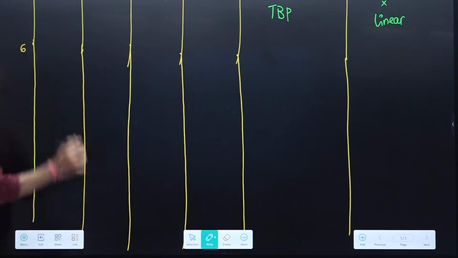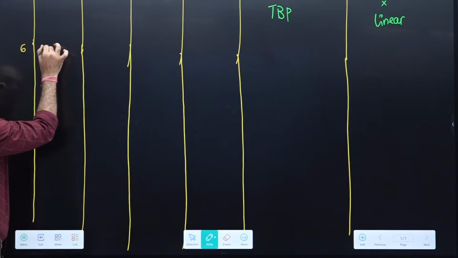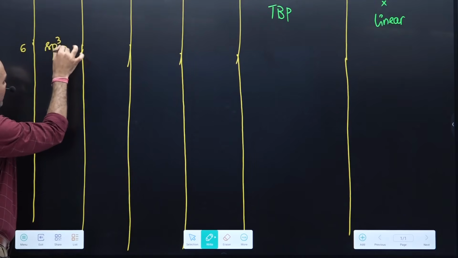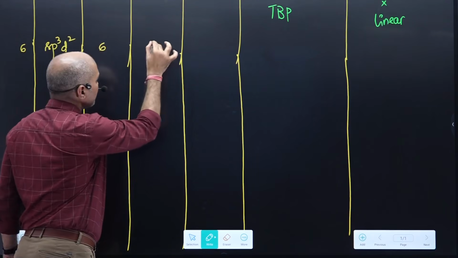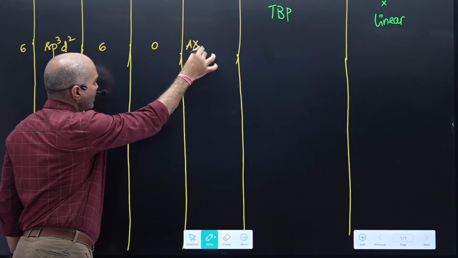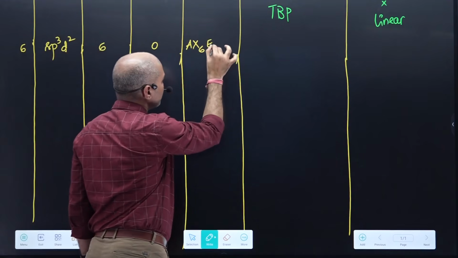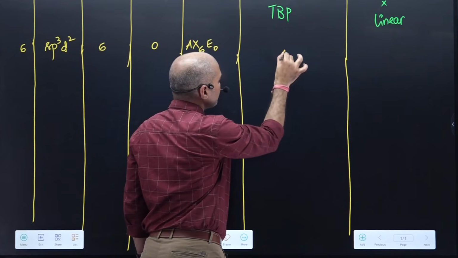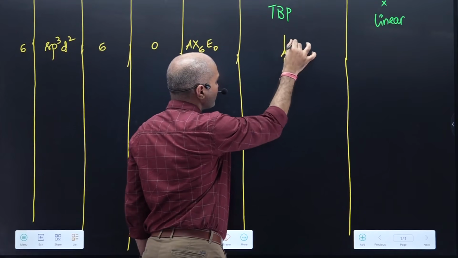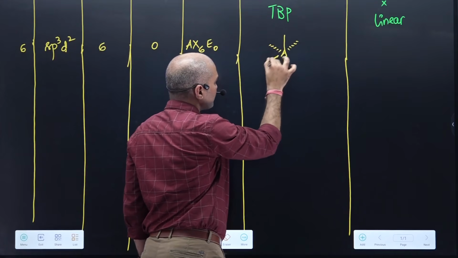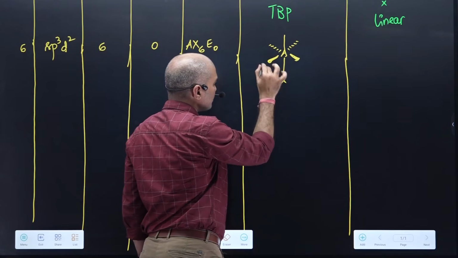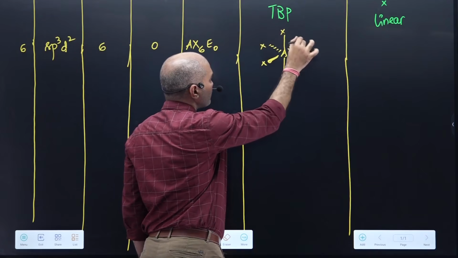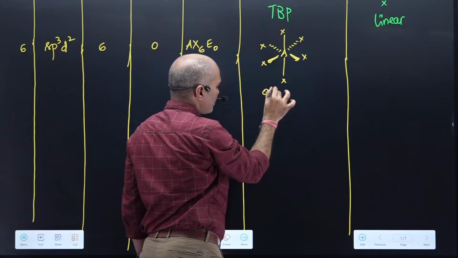Steric number 6. Which one have we taken? Steric number 6, sp3d2 hybridization. Let me take the 6,0 combination. Then this will become AX6E0. Geometry is octahedral.